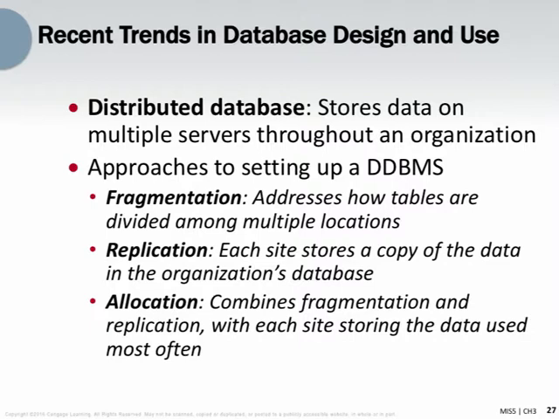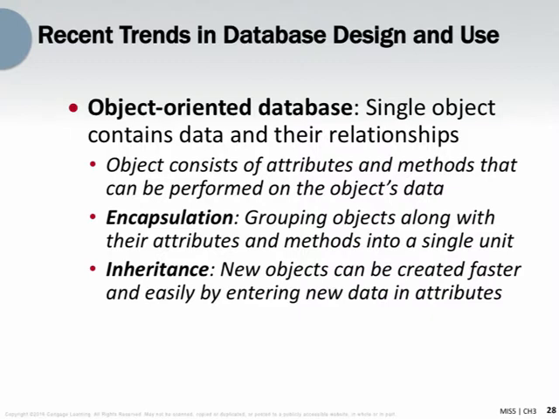Let's look at a different way to make relationships in systems, and that is an object-oriented database. Now, the way it differs from a relational database is that it uses something called an object-oriented approach, which means that data itself is represented by a metaphor of a physical thing.